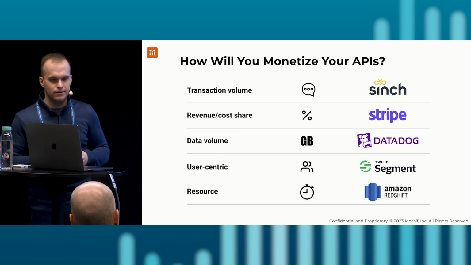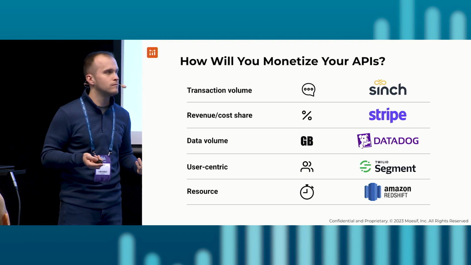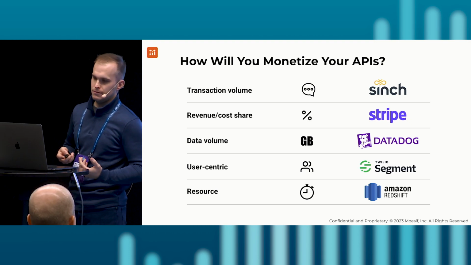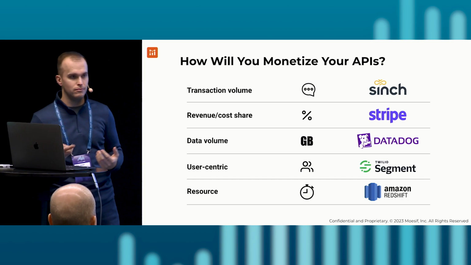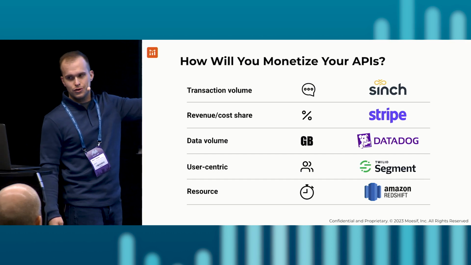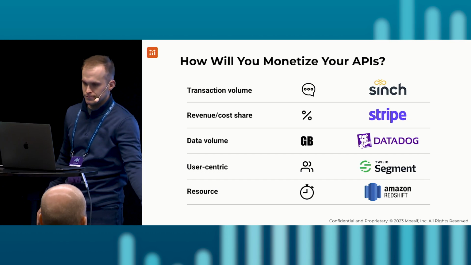So the next part here is looking at how will we monetize APIs. A lot of us think of per API call, but there are a lot of companies that do it much more complex than that. So for instance, Sinch or Twilio is going to do it based on transaction volume.